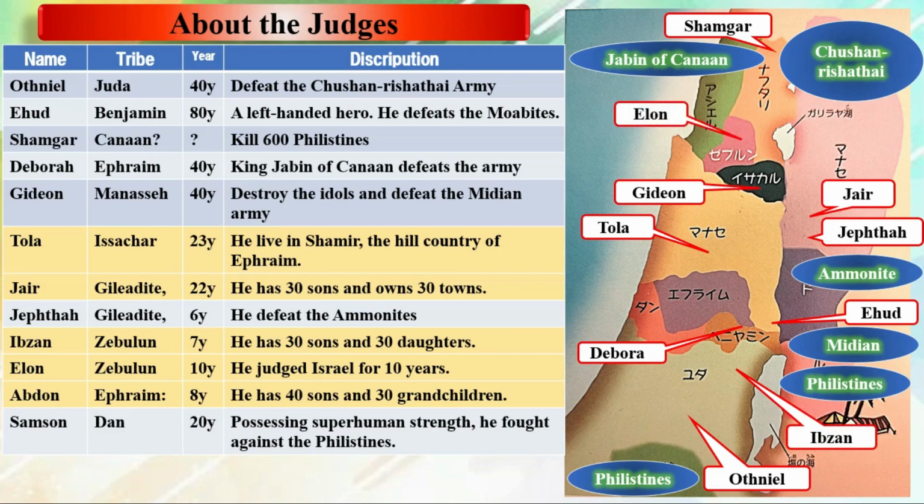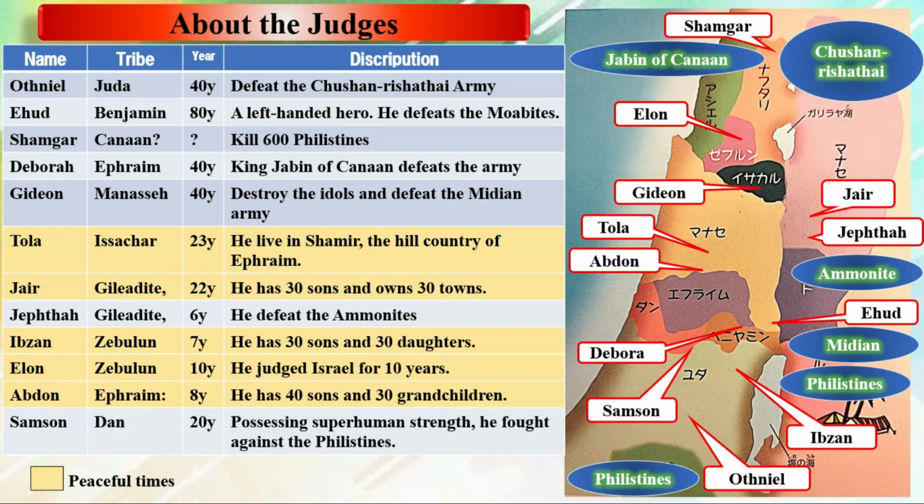Elon judged Israel for 10 years. Abdon had 40 sons and 30 grandchildren. Samson, possessing superhuman strength, fought against the Philistines. This color represents a judge who lived during a time of peace.